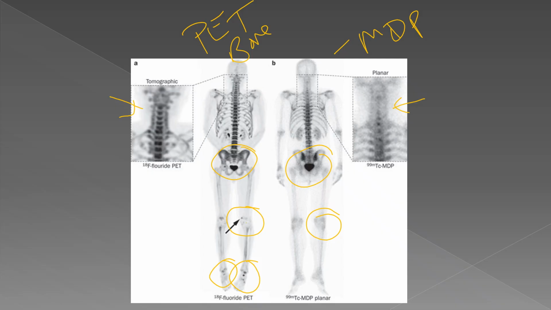So this person has quite a few areas where they have probably arthritis. It looks like in their ankles, their knee, that's not showing up at all in the same patient with the MDP study. So I'm just showing you a comparison of the image quality, with how much better PET looks.